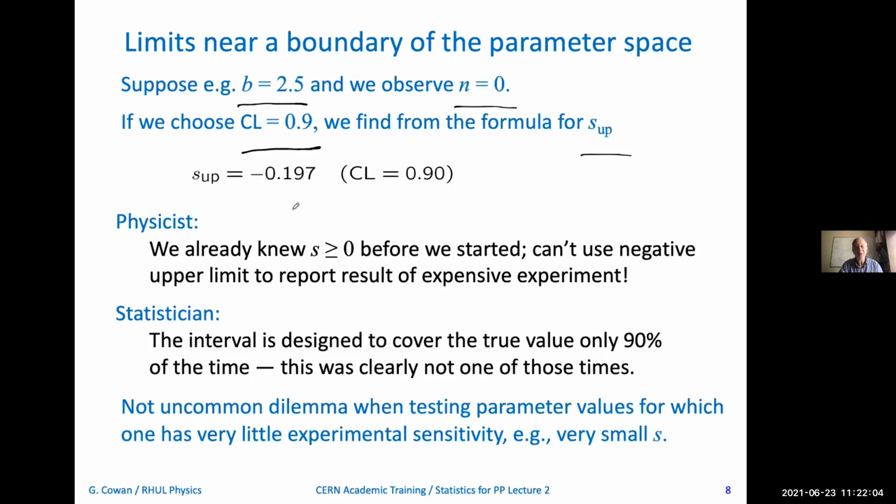And in this case, you know that it's not. And that is not such an uncommon dilemma, particularly when you're testing parameter values where you have very little experimental sensitivity. So for example, if you test very small values of S. So how do we proceed? What does this poor fellow do?